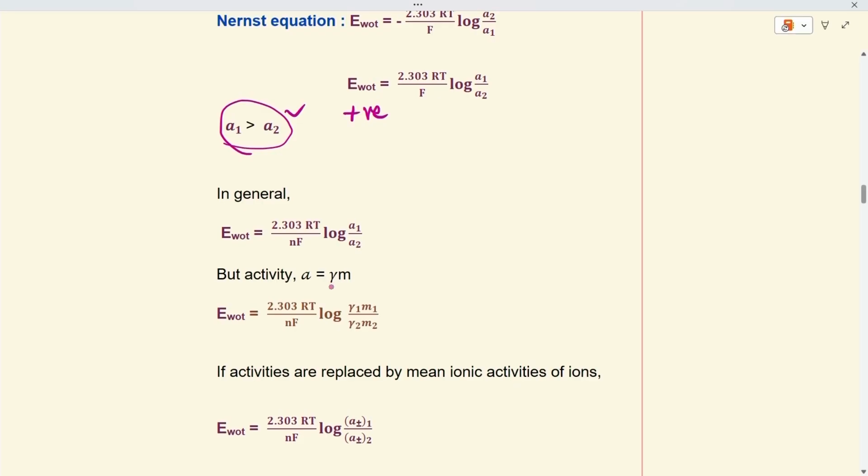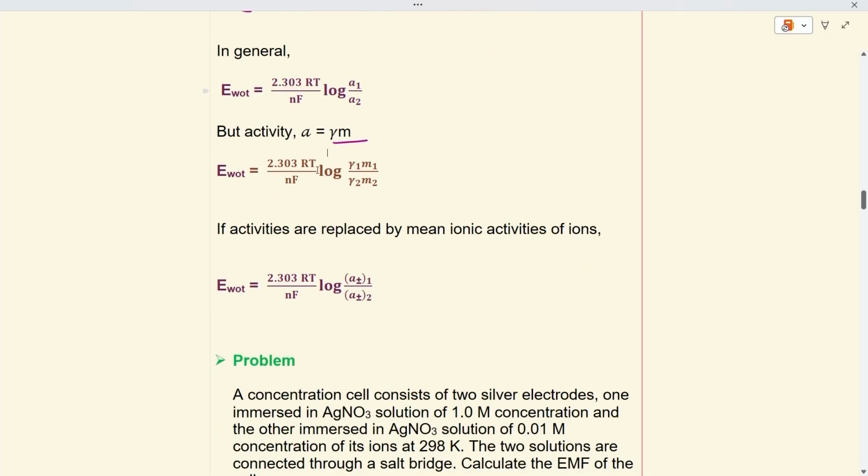In general terms, E without transference is equal to 2.303 RT by nF log A1 by A2. Replacing that by a product of activity coefficient and molality, 2.303 RT by nF log gamma 1 M1 divided by gamma 2 M2. If the activities are replaced by mean ionic activities, it becomes mean ionic activity of 1 divided by mean ionic activity of 2.